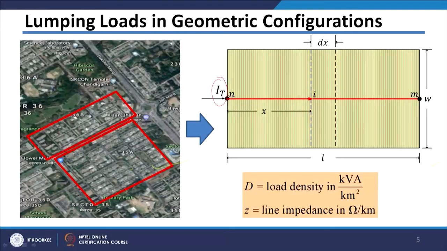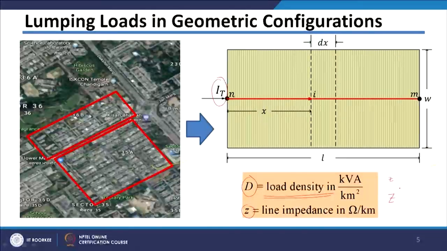For that, I am assuming the load density in kVA per kilometer square to be D, and the line impedance in ohm per kilometer I am considering Z. So, small z I am using for ohm per kilometer, and capital Z will be used for the total impedance of the feeder.